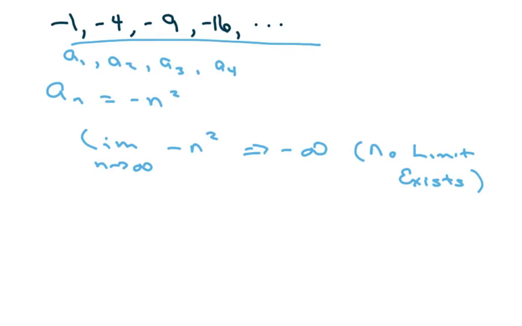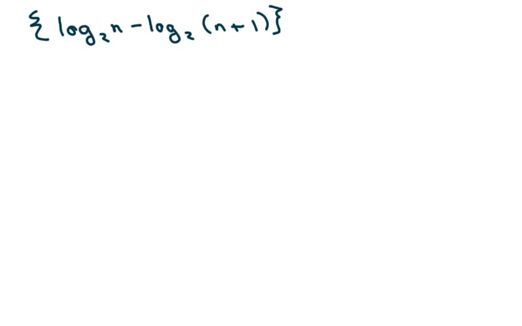All right, and so the next one, we have a log. And the first thing I want to do is go ahead and condense this into a single log. If I do that, I'm going to write it as log base 2, and I'm going to use my quotient property. So I have n over n plus 1. Now, I'm just going to plug in points in this.